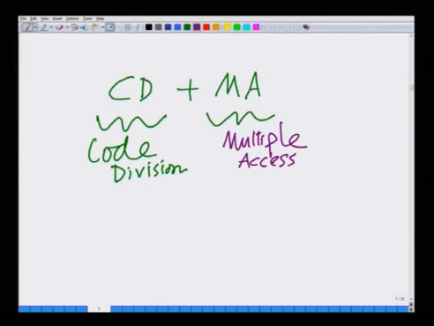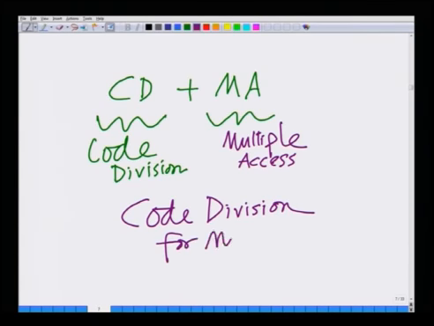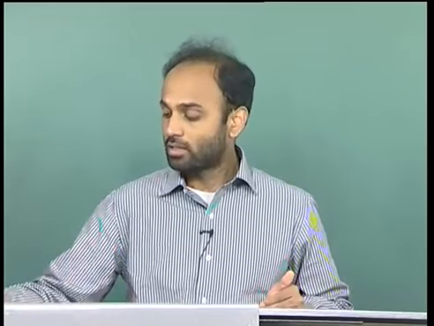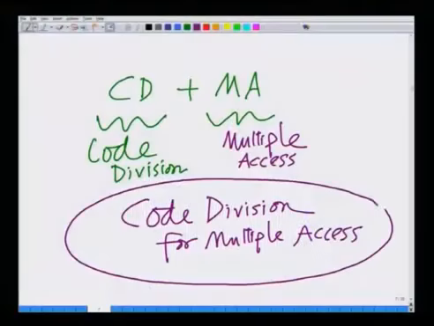I am dividing information signals on the basis of codes. I am resolving the signals out of the common signal on the basis of codes. Hence, the name code division for multiple access. That is why CDMA has its name of code division for multiple access, which is I am using codes for multiple access.